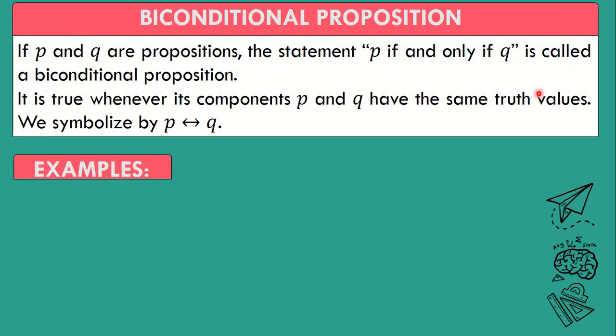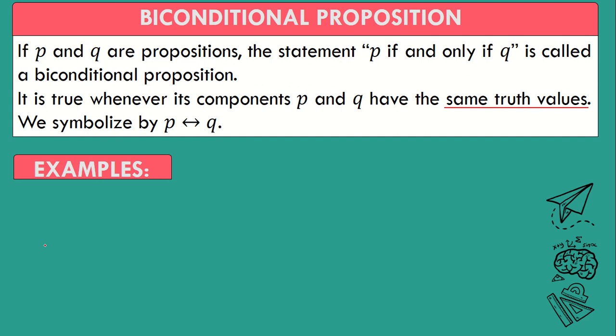Now, let's proceed to the last one. Last connective. If P and Q are propositions, the statement P if and only if Q is called a biconditional proposition. The biconditional proposition is true if and only if they have the same truth values.